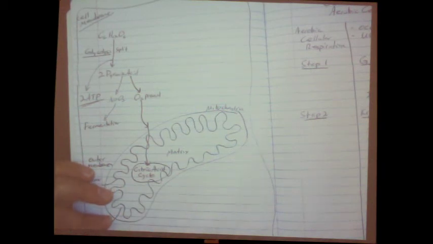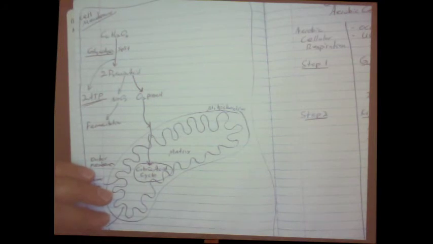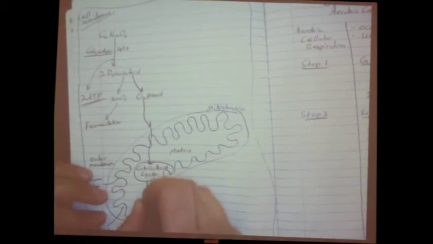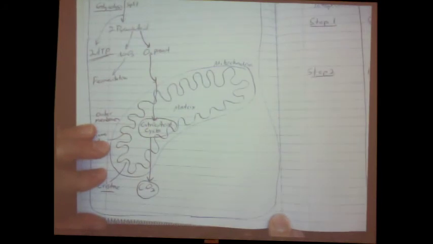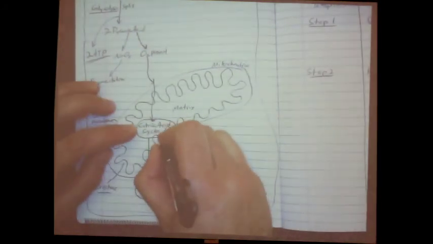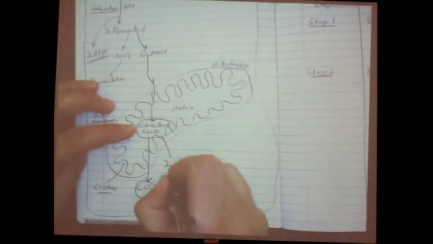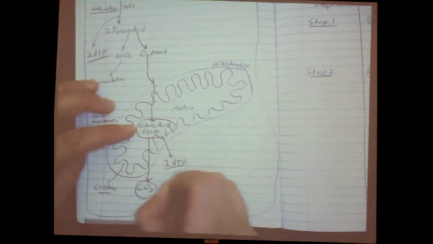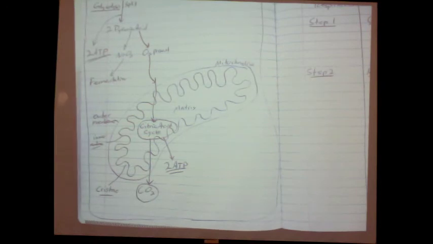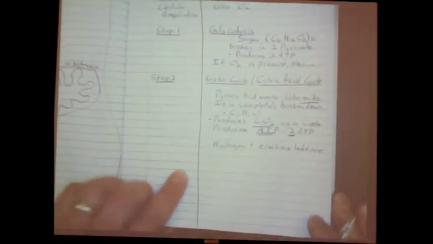Once this citric acid cycle is happening, that pyruvic acid is all broken apart, and out comes carbon dioxide. We'll put a little arrow on the end of that carbon dioxide. And, of course, most importantly, out comes 2 ATP. So we'll put a little arrow right here as well. But we are not done. Let's move back over here to our right page.